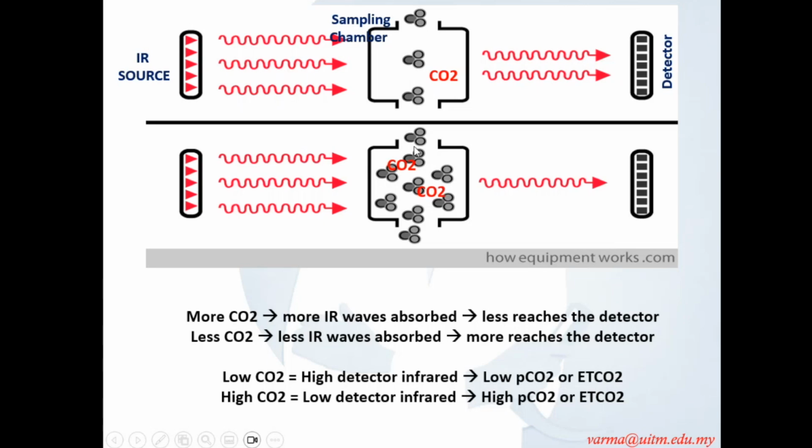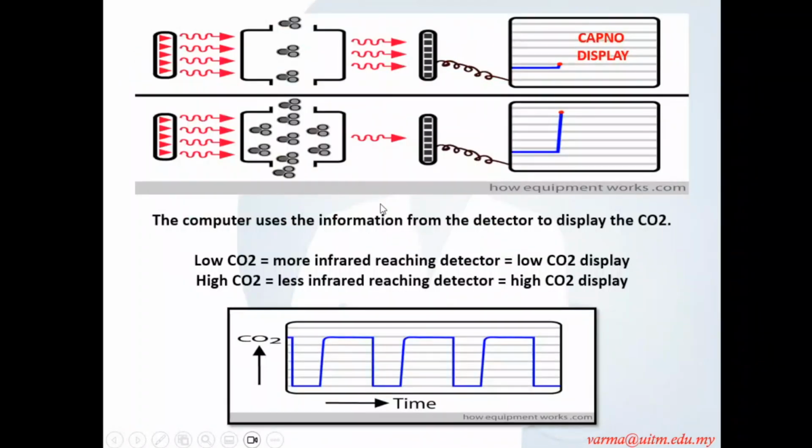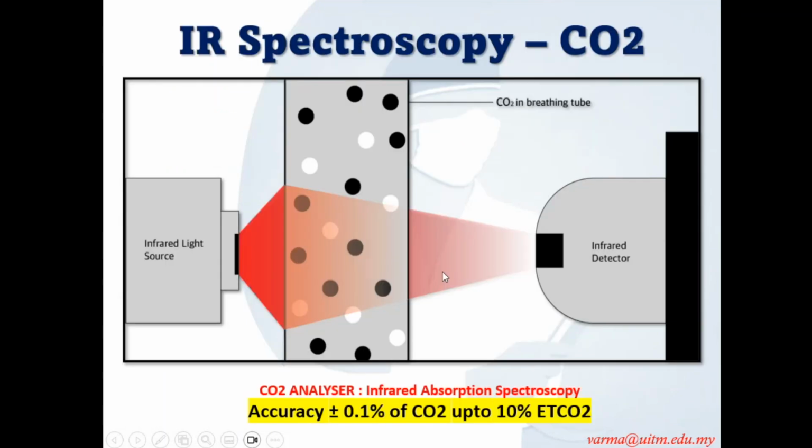More gas molecule, more infrared being absorbed, less reaches the detector. The more that is absorbed, the less reaches the detector, showing more gas molecule present, so higher fractional concentration of the CO2, and it will be displayed in the capnogram. This is all just a recap.